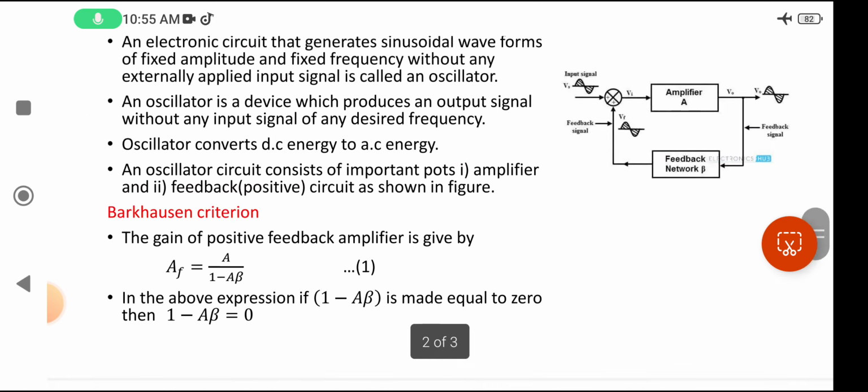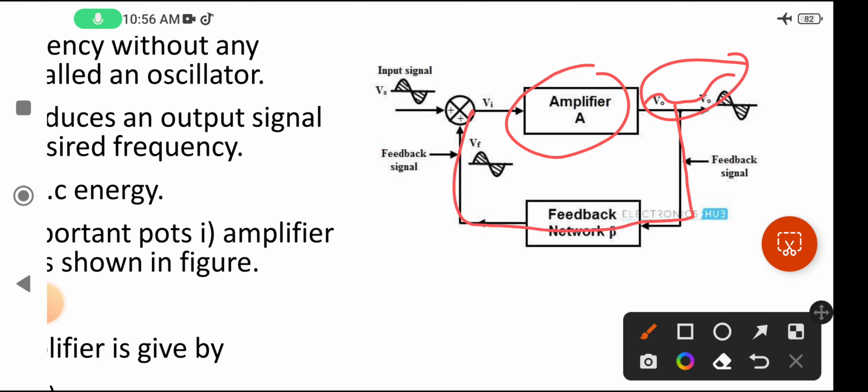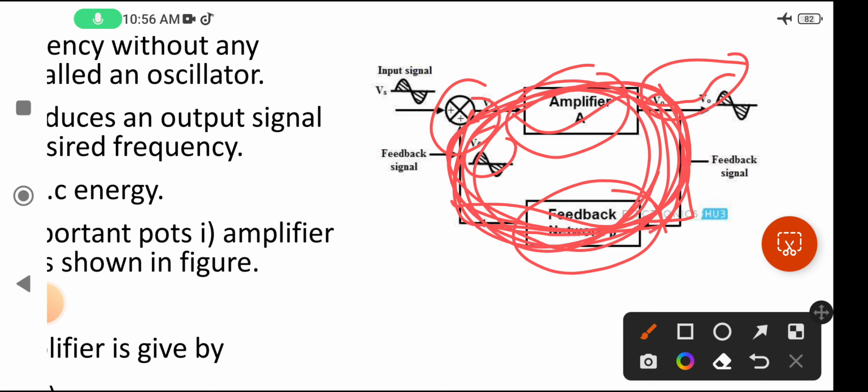Without taking any input signal, it produces an output waveform, and part of the output is taken back to the input by a feedback network. This is given to the input, it is amplified again, and again a part is taken from the output and fed back, so this process continues. That is why its gain is very high.